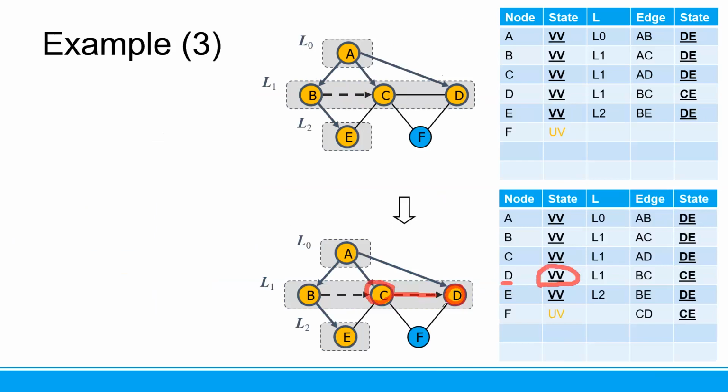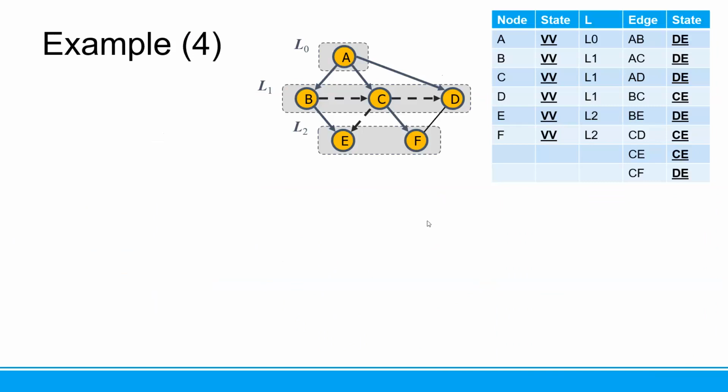Because it is already visited, this edge becomes a cross edge. So CD becomes a cross edge. And the last one, we check the incident edge of C, and the opposite of C is F.